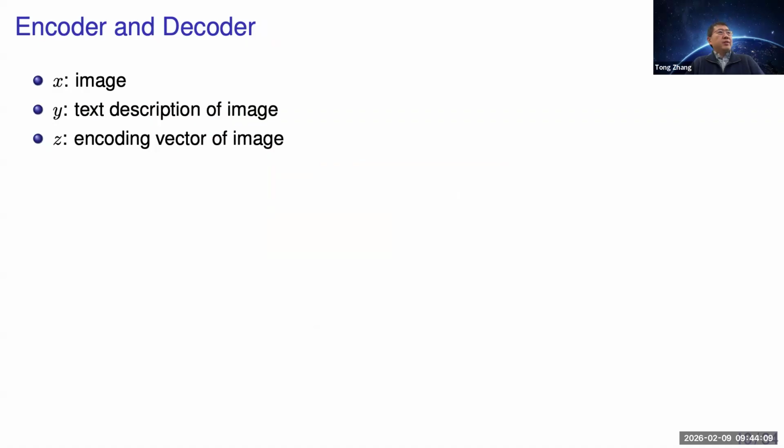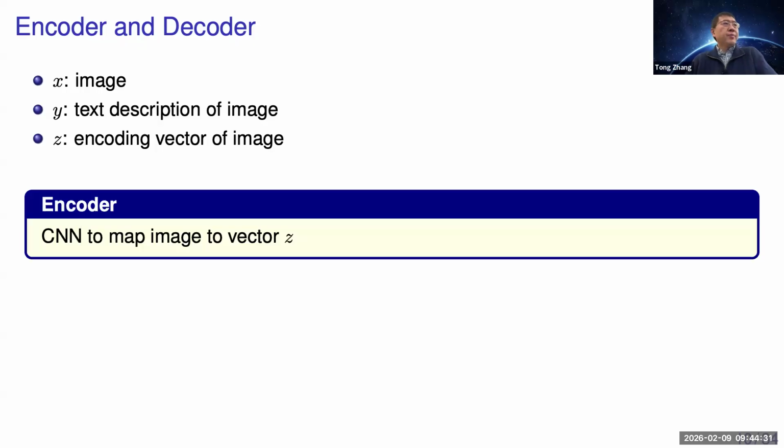Again, we just do simple things here, because this is just for illustration, not really to get the best image captioning model. So X goes to the encoder, and then Y is a text description. We have seen text generation using LSTM, so basically we can do that.